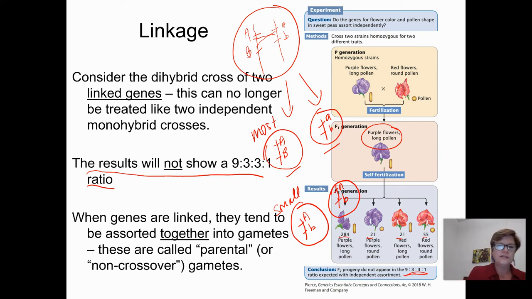When genes are linked, they tend to be assorted together into the gametes. So like I said, in this case, the big A, big B, and the little a, little b would be called parental gametes or gametes with parental allele combinations. The gametes that have crossover chromosomes are non-parental, or you could say crossover allele combinations.